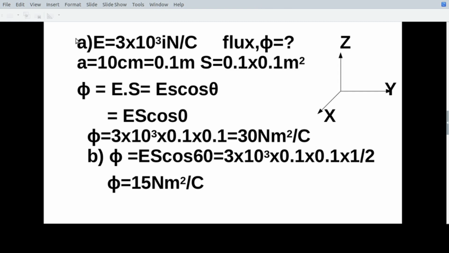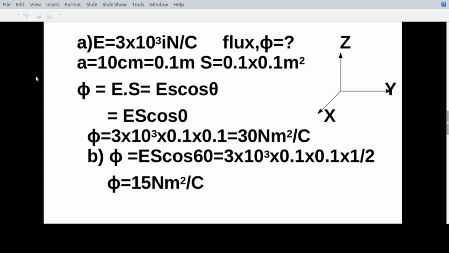So, coming to the first part, A, you are given the electric field intensity E. The flux you have to find out. And in part A, you are given that the surface is in the YZ plane. So, see the figure, in the YZ plane. That means it is normal to the x-axis. So, you have maximum flux.